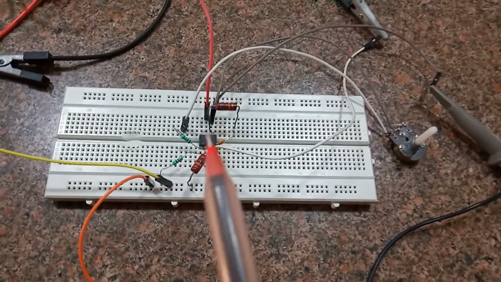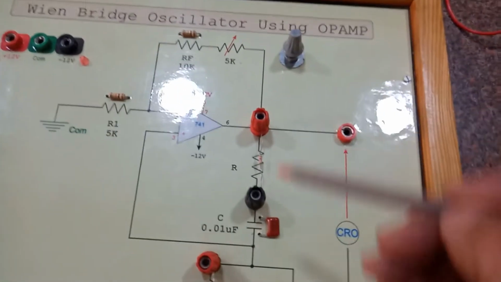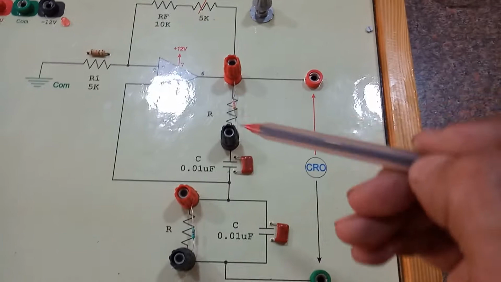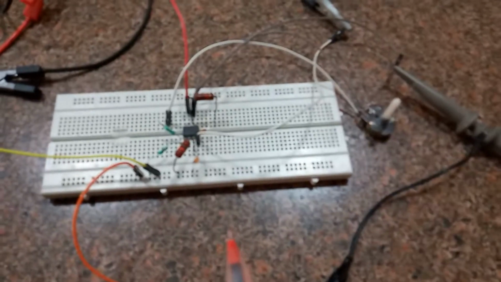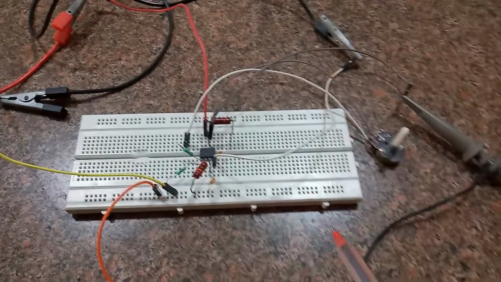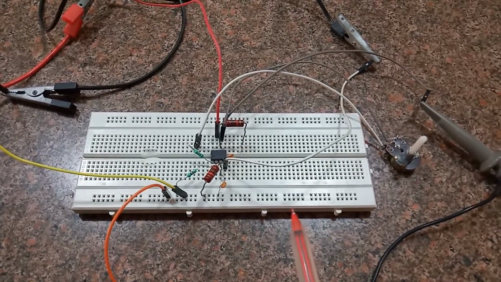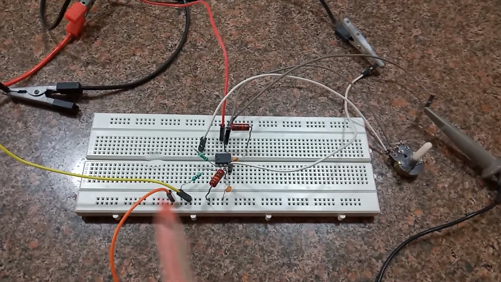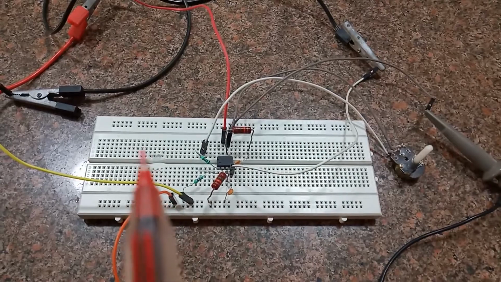You will understand how to connect in series and in parallel, because over here it is already connected inside, while on the breadboard you have to connect outside. I will guide all the students: if you get a chance, please try to construct a circuit on this breadboard to practice yourself.